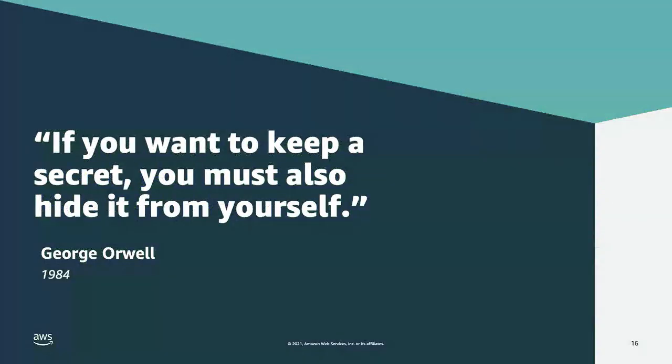One of my favorite quotes that embodies some best practices of AWS Secrets Manager: "If you want to keep a secret, you must also hide it from yourself," by George Orwell from 1984. This relates to the no hard-coded credentials in code best practice, which AWS Secrets Manager helps customers to achieve.